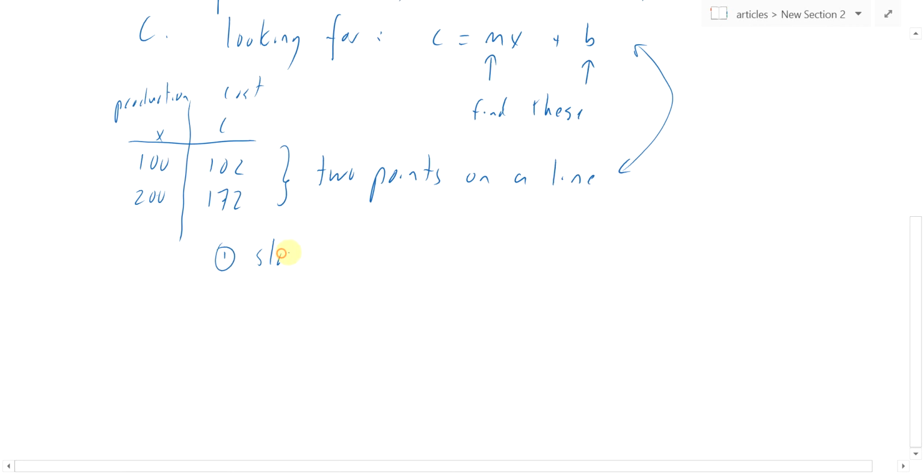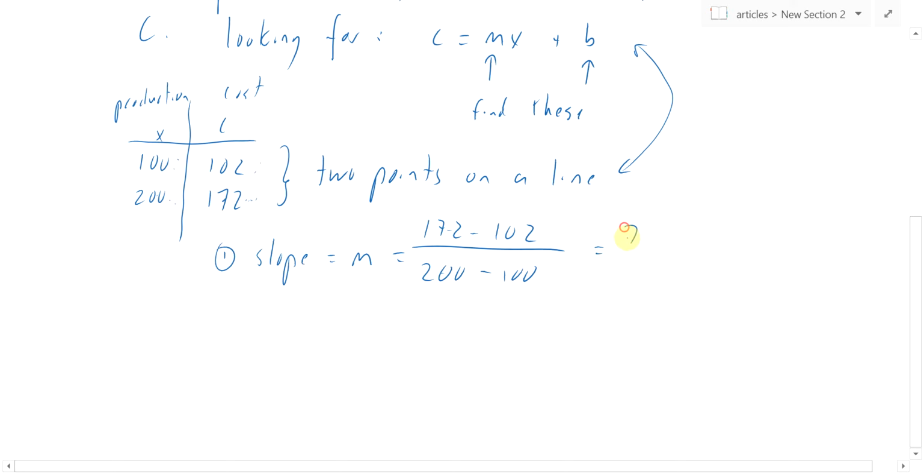First, the slope of the line, traditionally the letter M, is 172 minus 102 over 200 minus 100. To find the slope, you take the difference in the y-coordinates, here the C-coordinates, the difference in the cost, 172 minus 102, and divide by the difference in the x-coordinates, in the production. So 200 minus 100.